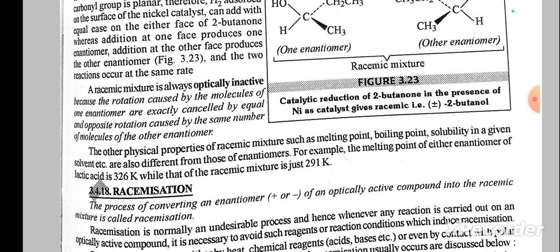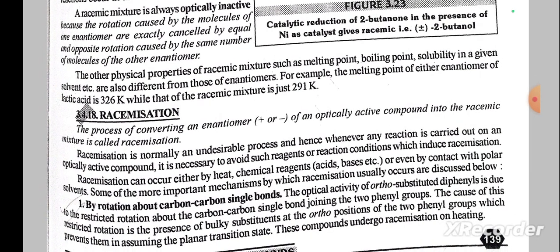Other physical properties of a racemic mixture, such as melting point, boiling point and solubility in a given solvent, are different from those of an enantiomer. For example, the melting point of either enantiomer of lactic acid is 326 K, while that of the racemic mixture is just 291 K.